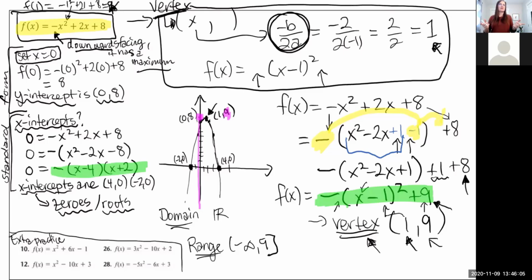You have to understand which one does what, right? If I want to figure out where the zeros are, I'm going to want to factor. If I want to figure out where the maximum or range is or the vertex is, then I need to get it into completing the square, right? So they answer two different questions, and they have a different result depending on what you do. Okay, so that's the overall overview of all quadratic stuff.